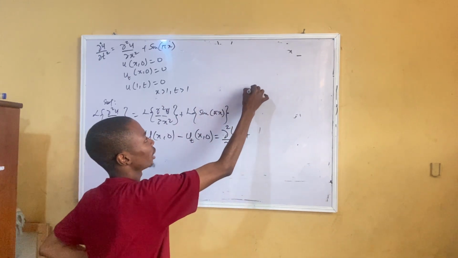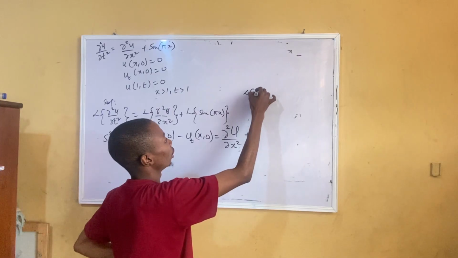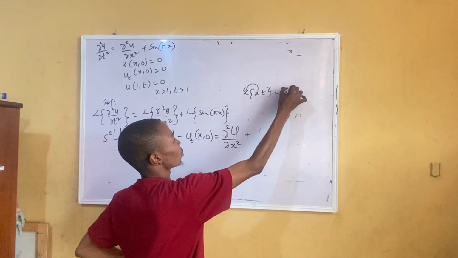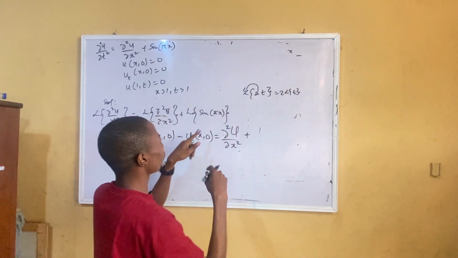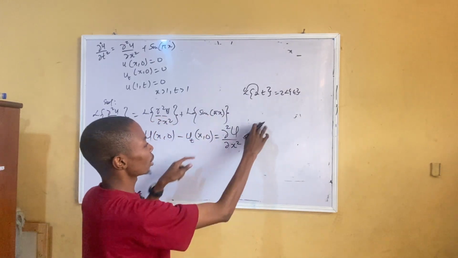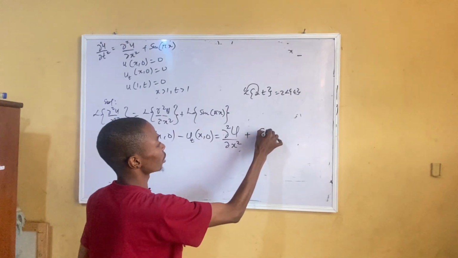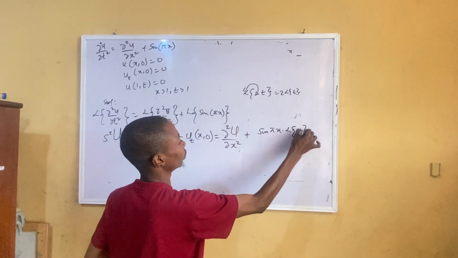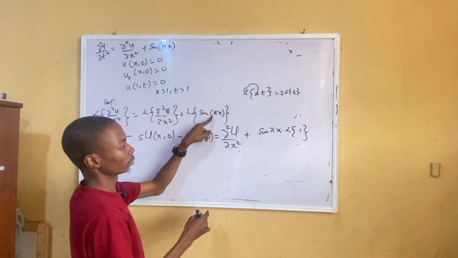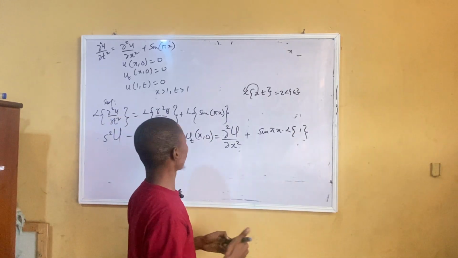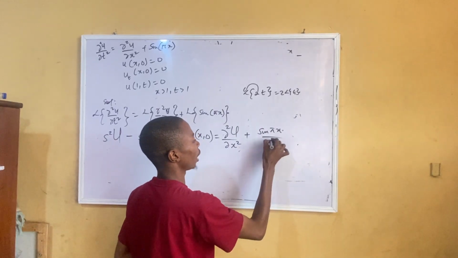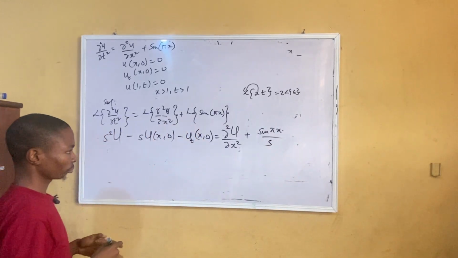For example, if you want to take the Laplace transform of 2t, you can take the 2 out and just take the Laplace transform of t. So with sine pi x, the Laplace transform will be sine pi x times the Laplace transform of 1, which is 1 over s. So this one will be sine pi x over s.